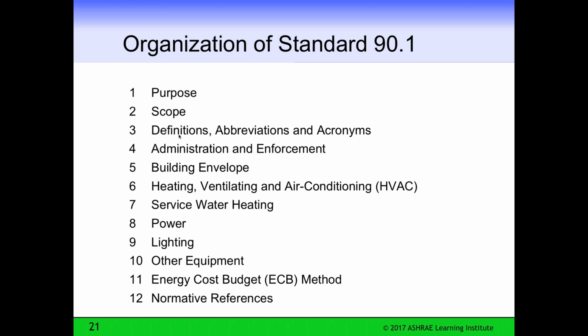These are all 1, 2, 3, and 4 are all the procedural parts of Standard 90. Then sections 5 through 10 are the technical requirements for the major building systems. And we'll be covering those in some length. Section 11 is a whole building simulation for compliance with the standards, the energy cost budget method, and then there are normative references, part of the standard, in section 12.